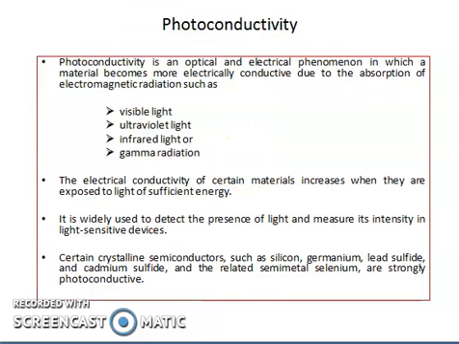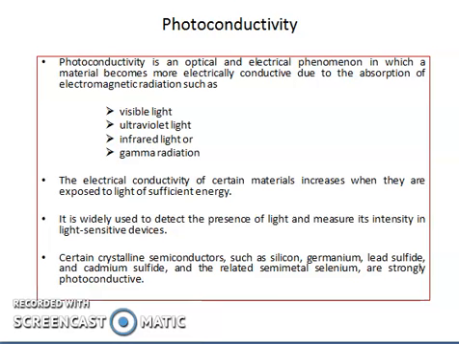The electrical conductivity of certain materials increases when they are exposed to light of sufficient energy, and it is widely used to detect the presence of light and measure its intensity in light-sensitive devices.